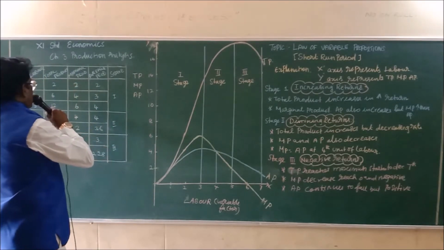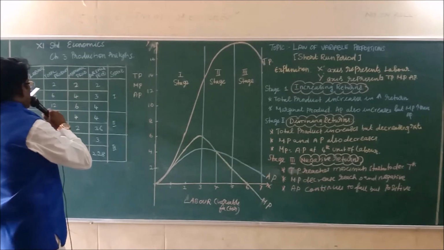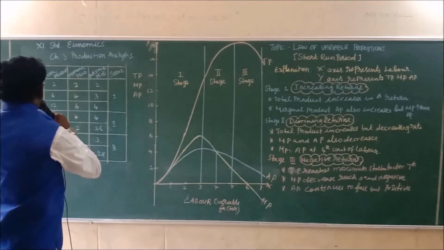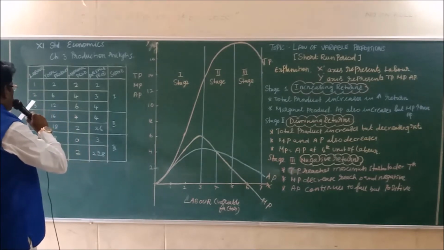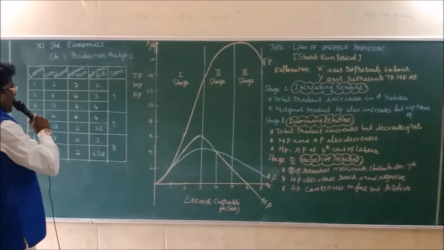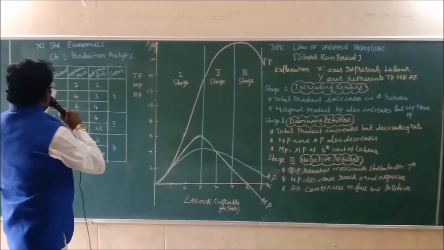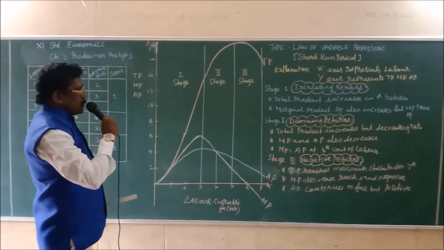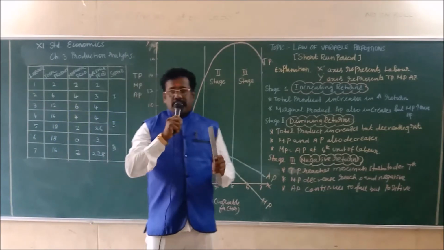Labor is one of the variable factors of production, changing from 1 to 7. Labor is a variable factor: 1, 2, 3, 4, 5, 6 like that. So the total product is the total quantity produced with the help of the variable factor.